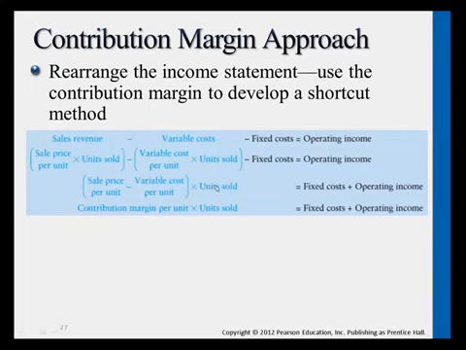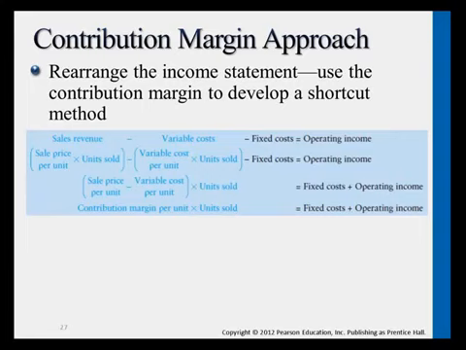Brackets closed. We multiply by units sold. And we also move fixed cost to the right, so fixed cost plus operating income. Right? So now we know that the contribution margin per unit is the difference between sales price per unit and variable cost per unit. So here you go. We have contribution margin per unit multiplied by units sold, and that's equal to fixed cost plus operating income.